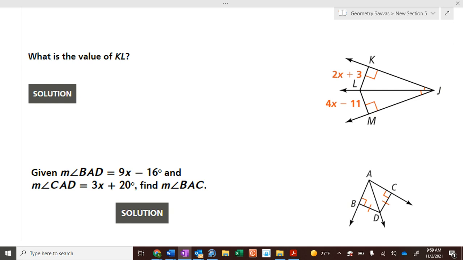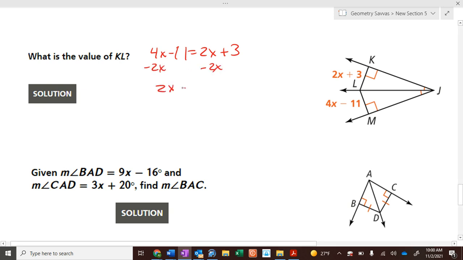How do we write our equation, Thomas? 4x minus 11 equals 2x plus 3. How do I solve that equation? First step, Jack. Subtract 2x.